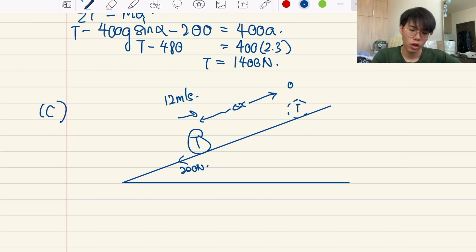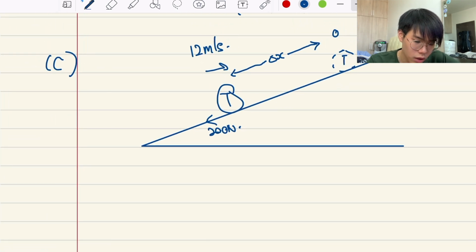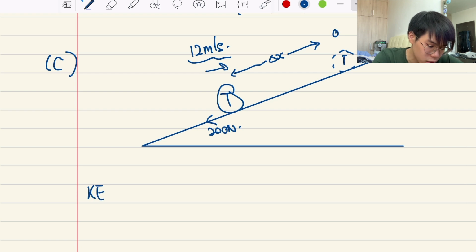Now we can start constructing the equation for the conservation of energy. Before the tow bar breaks, it's moving at 12 meters per second, so there will be kinetic energy. And because there is a height from the ground, which we take as the origin level, it has gravitational potential energy too.